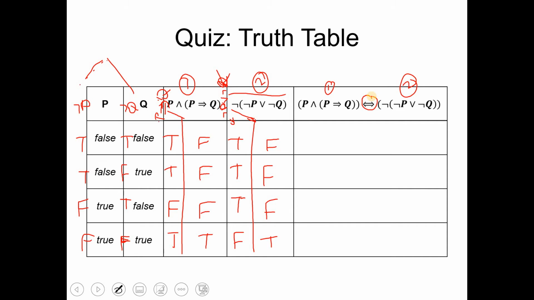Remember, equivalence means that they are 100% same. True, true, false, false, everywhere. So when they are equivalent, they are 100% same, I will write true. So false and false, it is true. Second step, false and false, again true, again true, and again true. So overall, this is the answer that comes with me.